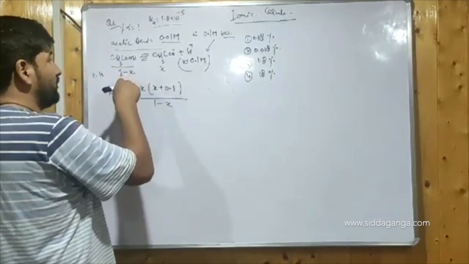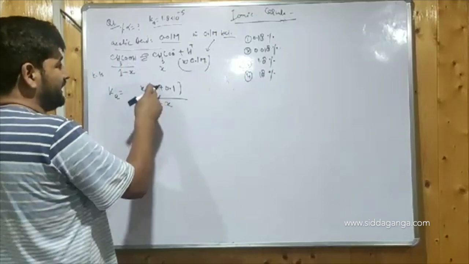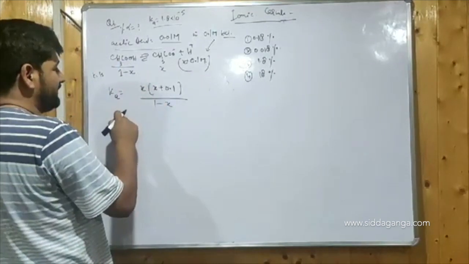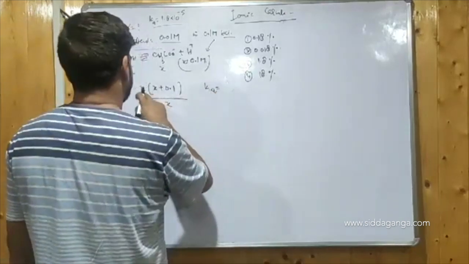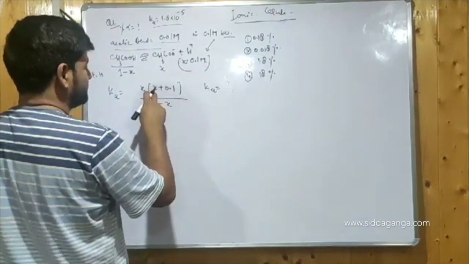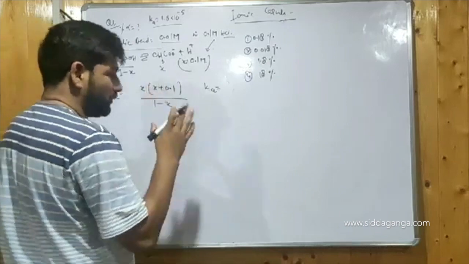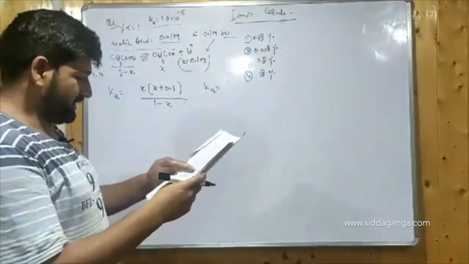Because X is coming from acetic acid, which is very little. So we can neglect this X in the numerator. What does the equation become? We will have Ka equals X times 0.1. Can this one be neglected or not? Yes or no? What are we searching for? We are searching for the value of X. So we have the denominator of what?